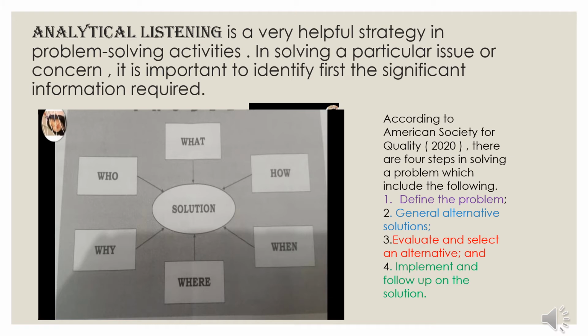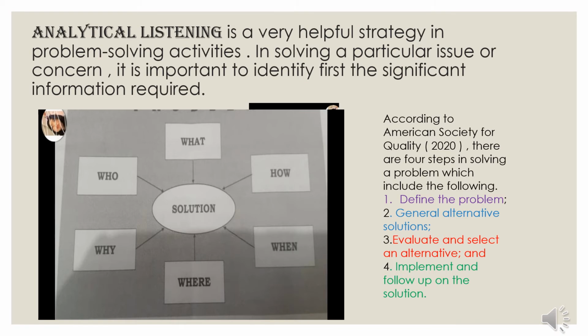Number 2, generate alternative solutions. Meaning to say, you have to think of the possible solutions that you can make use of to solve this problem. Number 3, evaluate and select an alternative solution.